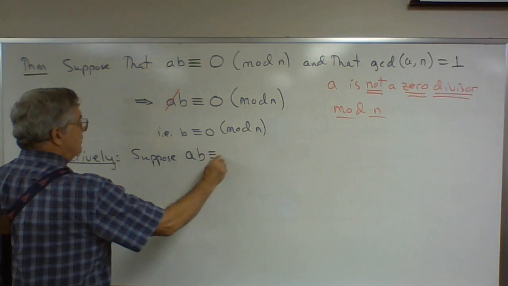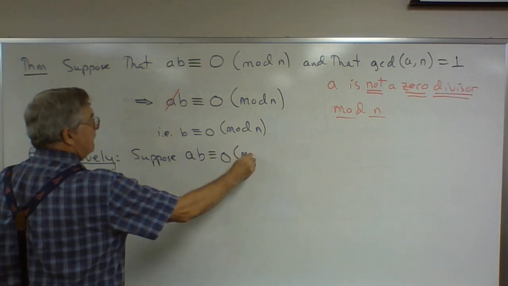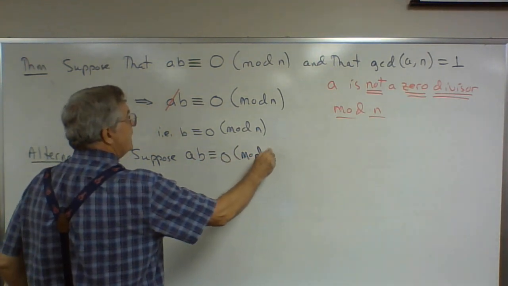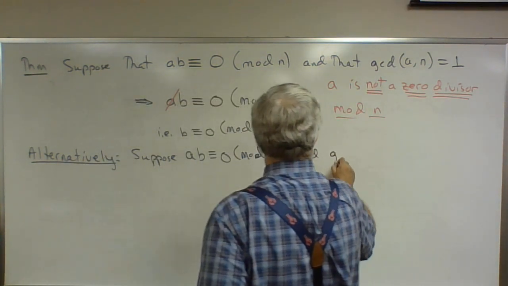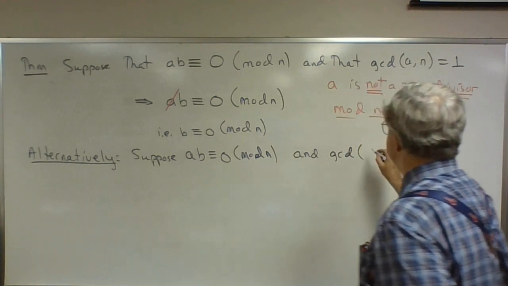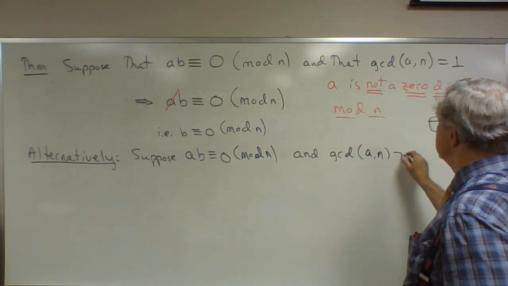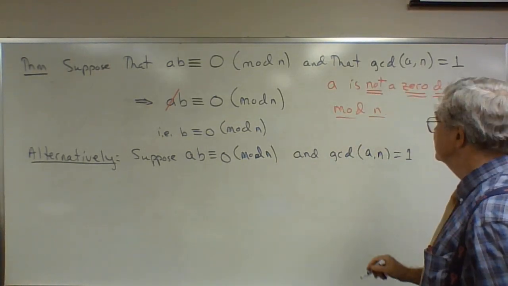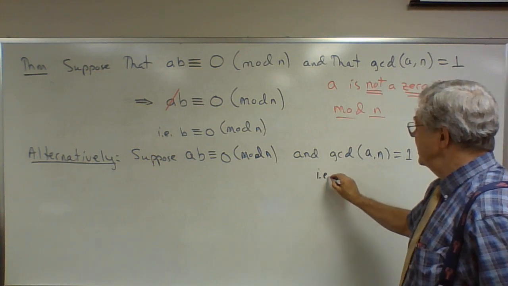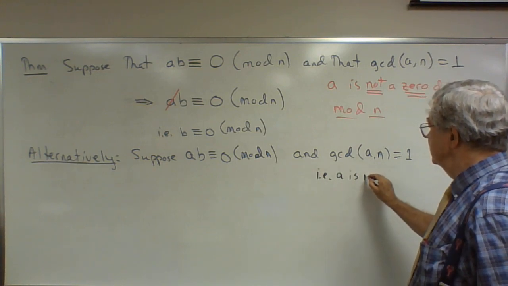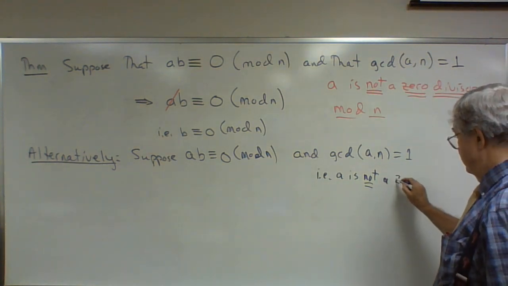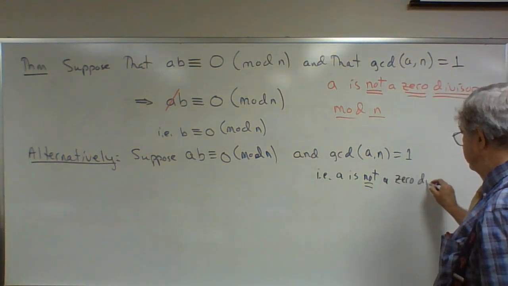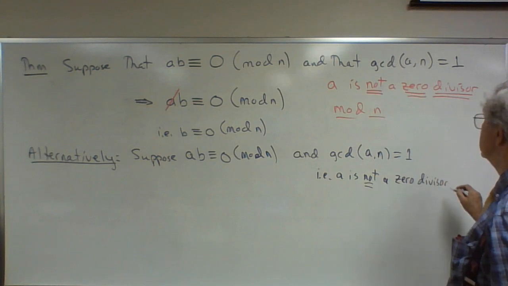AB is congruent to 0 mod n, and the greatest common divisor of A and n equals 1. And that is to say, A is not a zero divisor mod n.